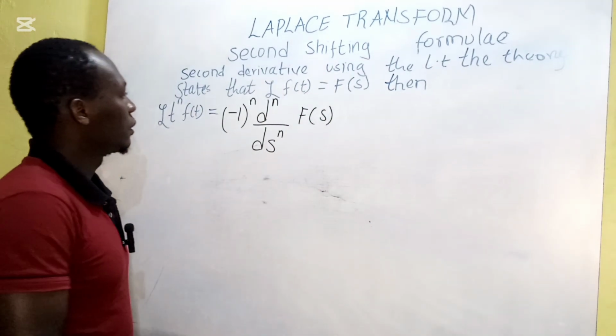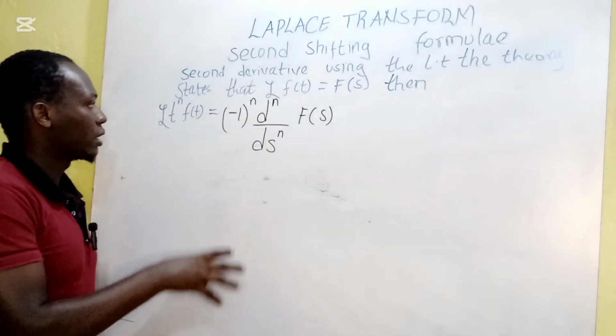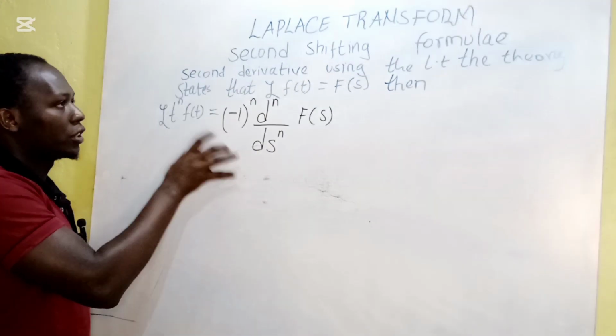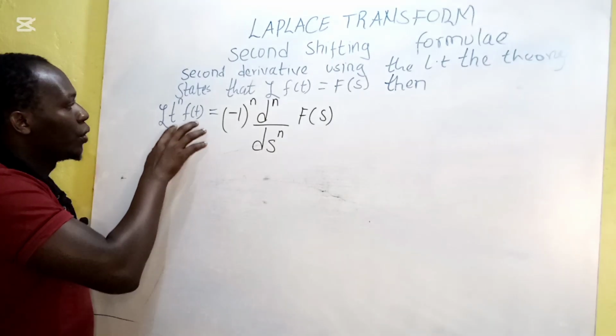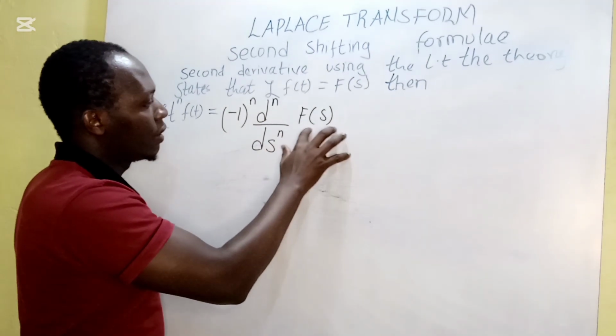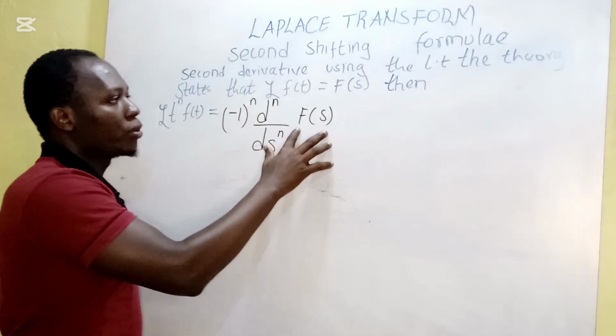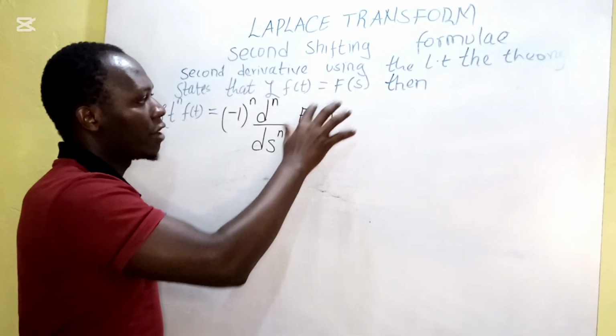To mean that the first thing that we need to understand about this second shift formula is that we must first get the Laplace transform of our function f of t, which will be equal to a function F of s.